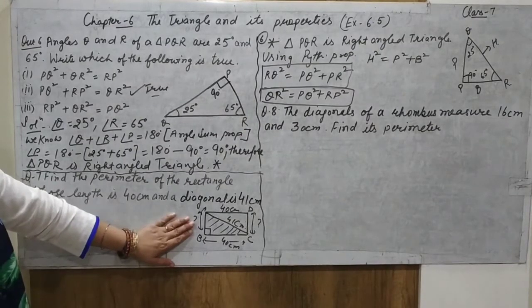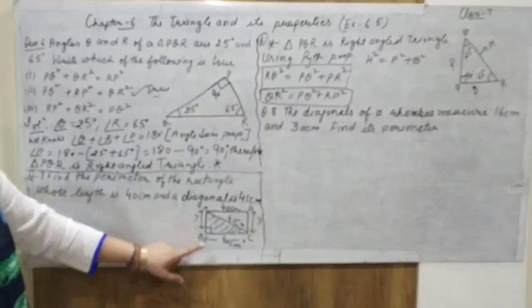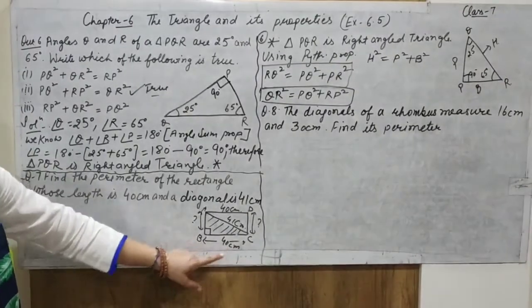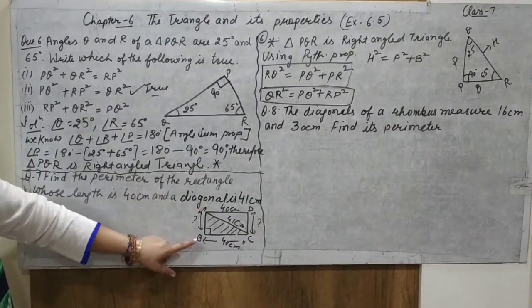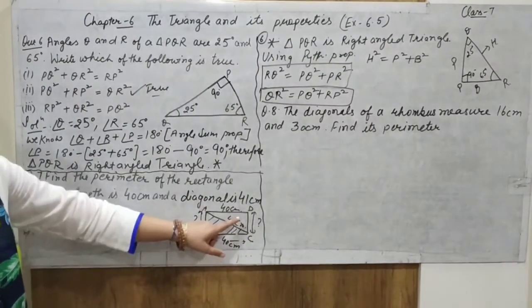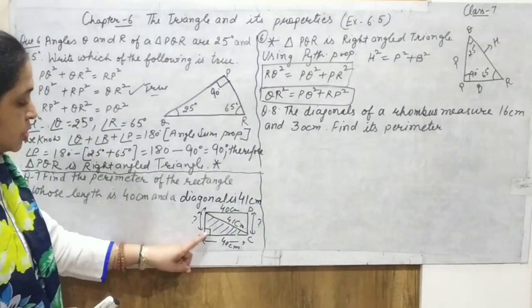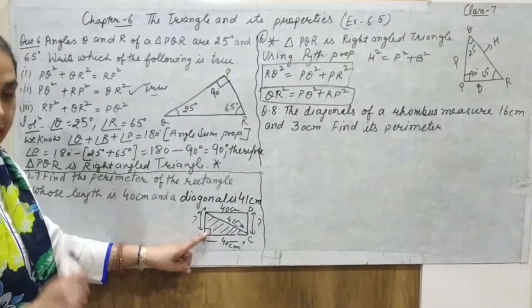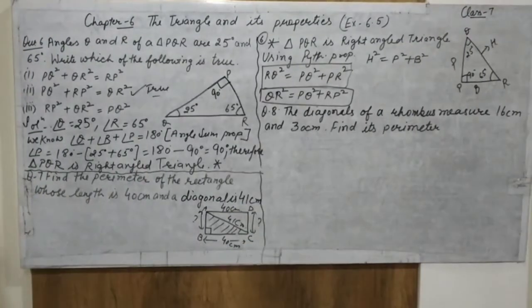So from this diagram we get ABCD is a rectangle in which 40 centimeter is the length and 41 is the diagonal. The diagonal divides the given rectangle into two triangles, and each triangle is a right angle triangle because all the angles of the rectangle are 90 degree.